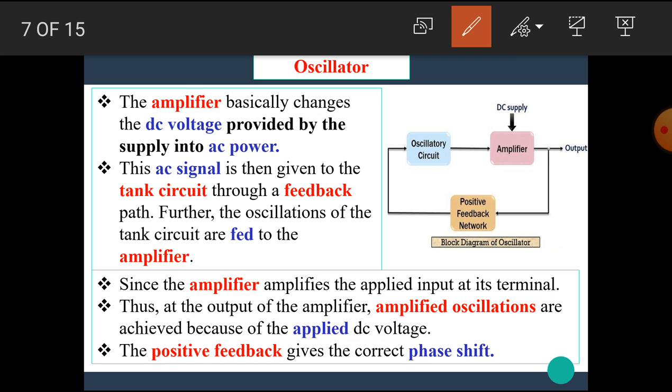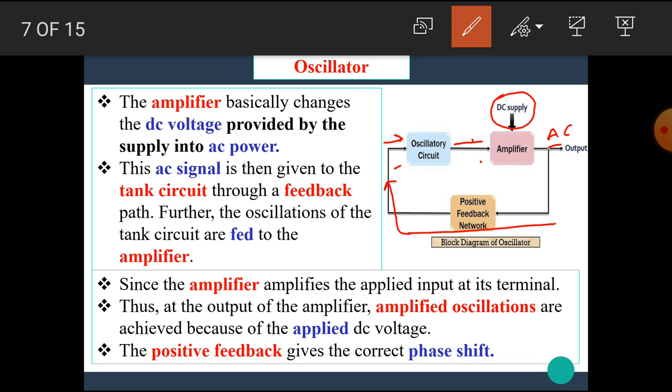Let's see once again what happens here. The amplifier amplifies this DC supply and gives it in the form of an AC signal. This AC signal is given to the oscillatory circuit through the feedback network. The oscillatory circuit uses this AC signal as an input and gives oscillations as the input of the amplifier.